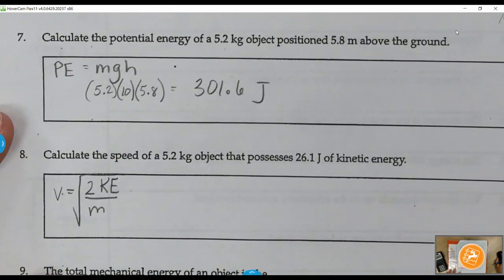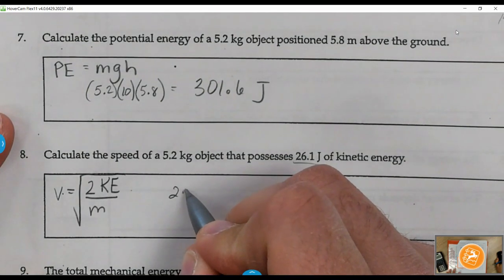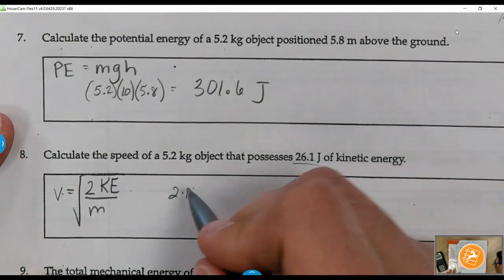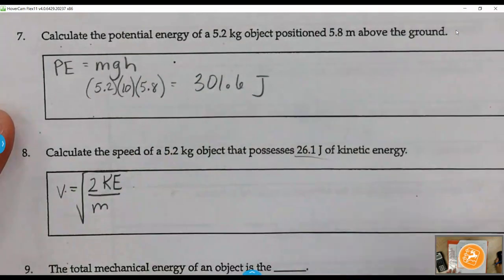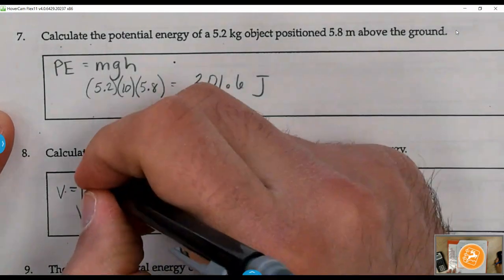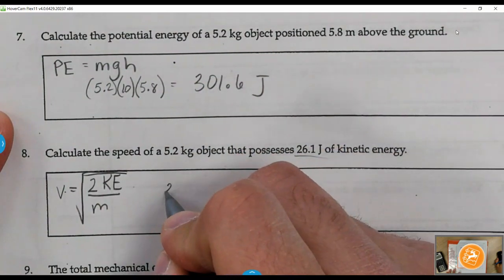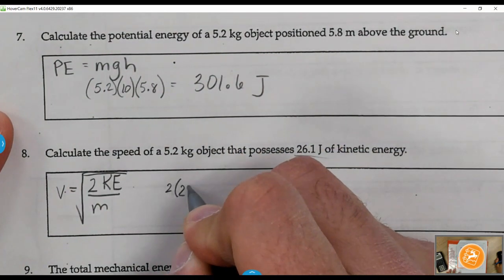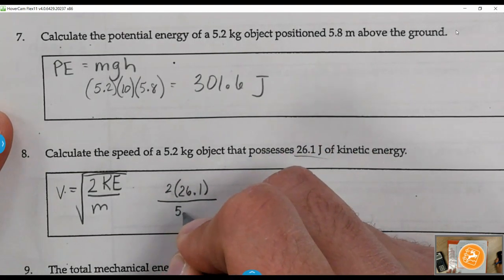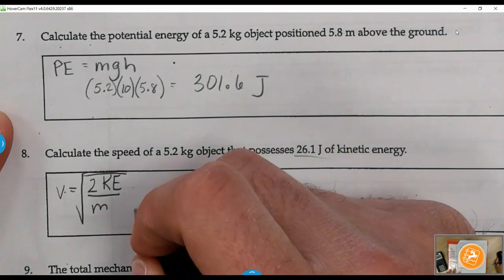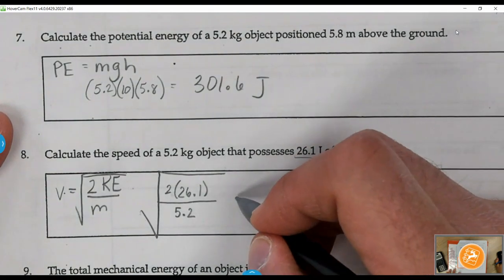And then this last one, 2 times the kinetic energy. So we already have the equation written. This is just rearranging the kinetic energy equation. And you have to do 2 times 26.1 divided by the mass of 5.2, and then you're going to square root that answer.